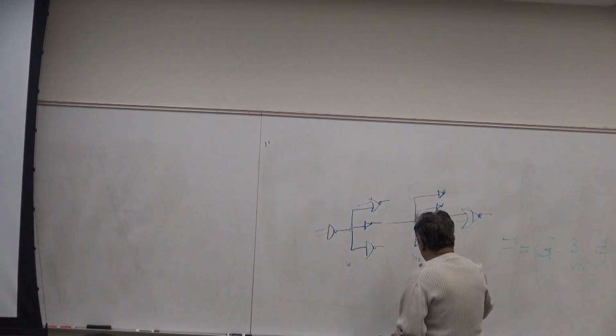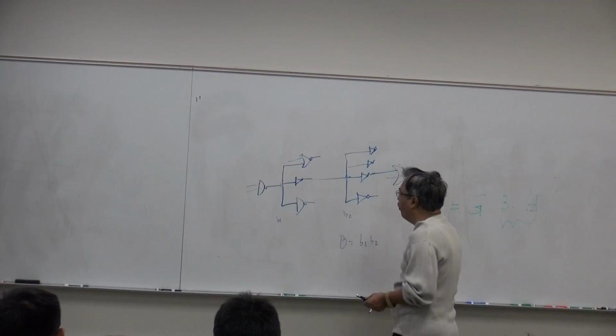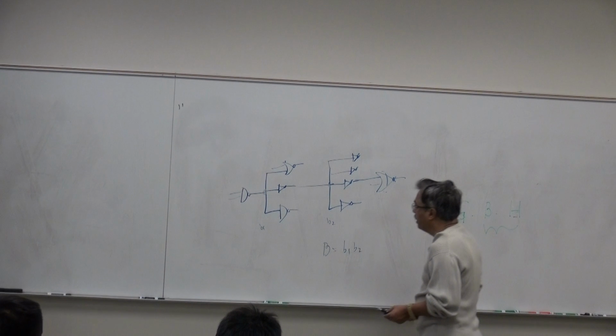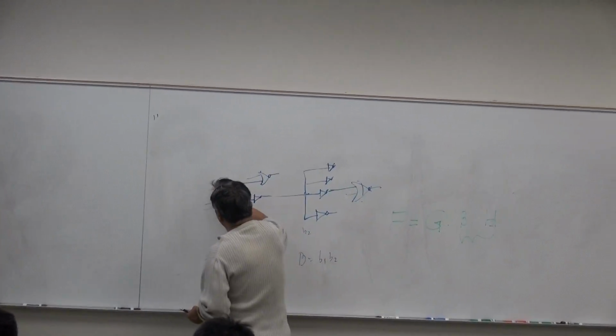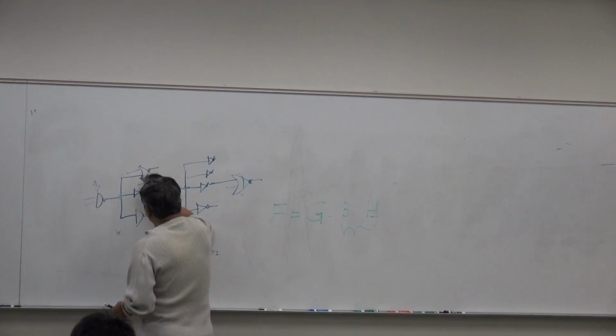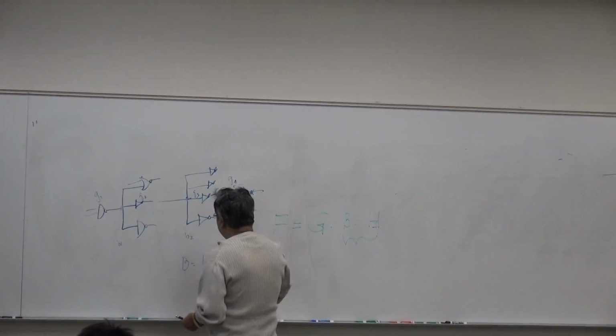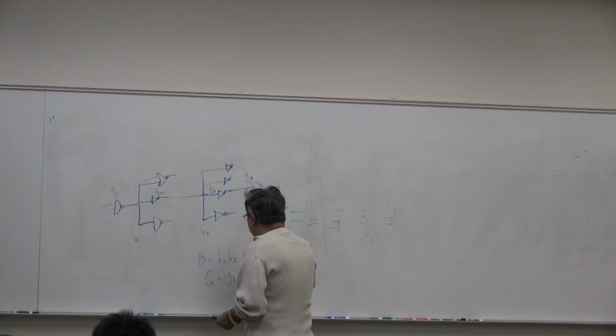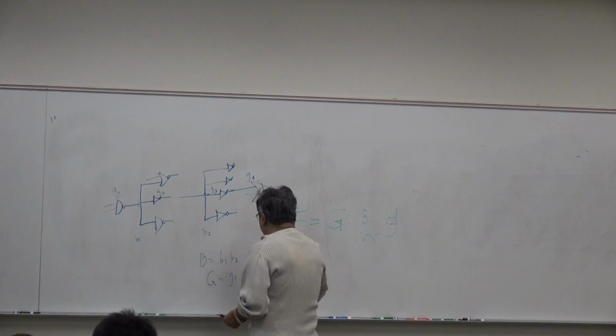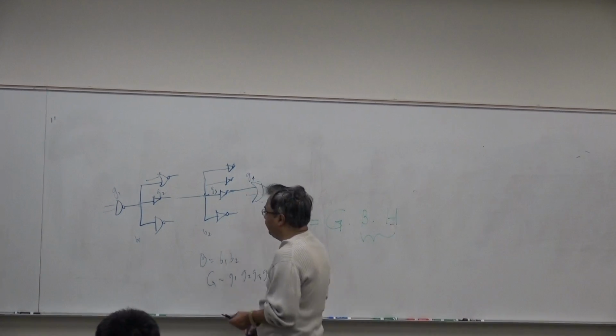So capital B will be B1 into B2. And the gate F4, G1, G2, G3, G4, that will be the capital G, G1, G2, G3, G4.